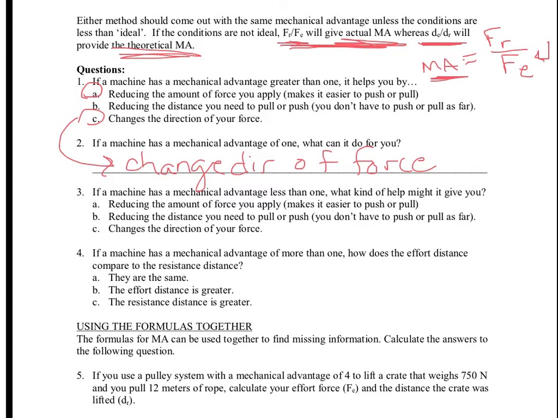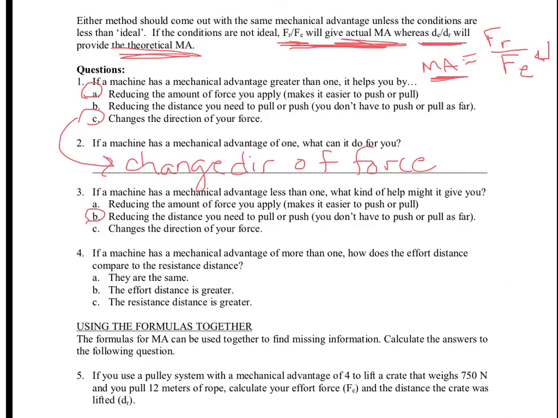Okay, number 3, if a machine has a mechanical advantage of less than 1, what kind of help might it give you? Reduce the amount of force you apply, reduce the distance you need to pull or push that force, or change the direction of your force. It will reduce the distance that you have to pull or push.